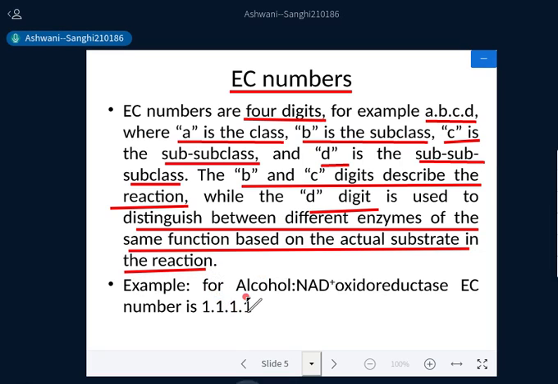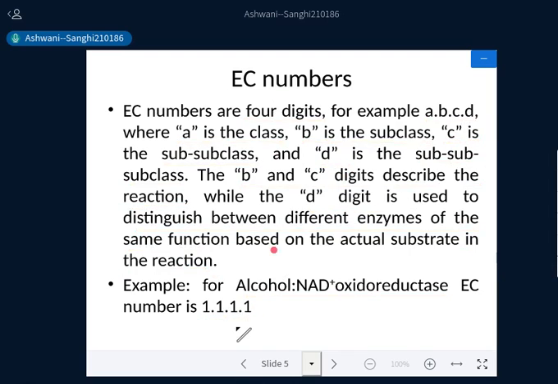For example, alcohol NAD oxidoreductase has the EC number 1.1.1.1, which is a 4-digit number.